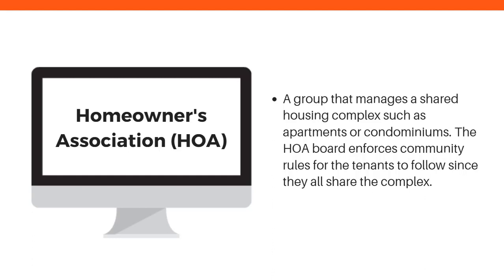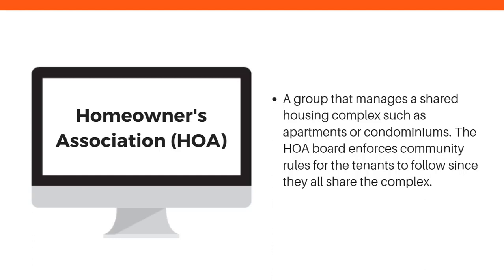Because when you've got 50 different condominium owners all residing in the same building, there's going to be a lot of fights and quarrels over who's keeping the pool clean and who's doing the landscaping and who's cleaning the windows and repairing the roof when the roof of the condominium complex starts leaking.